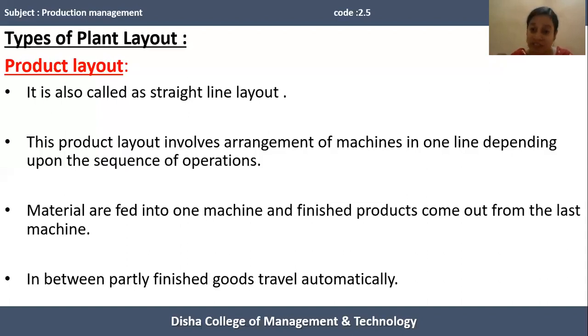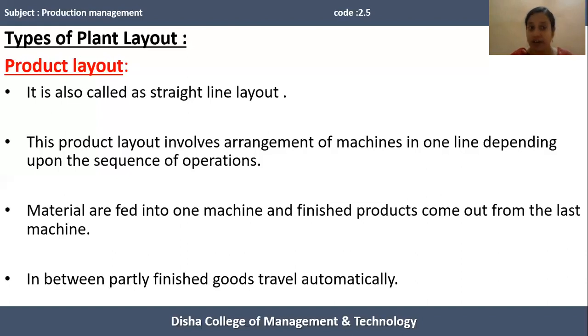By using the same arrangement, the manufacturer will not be able to produce a variety of goods. So in case of product layout, different types of machines are arranged in a straight line manner within the same floor only, and it is also called the straight line layout.